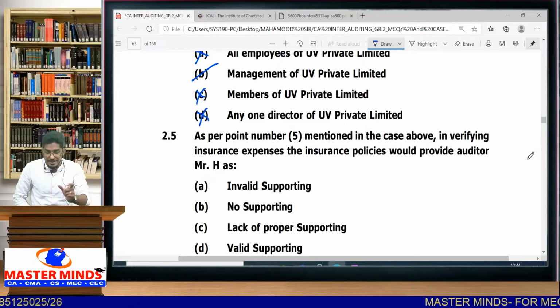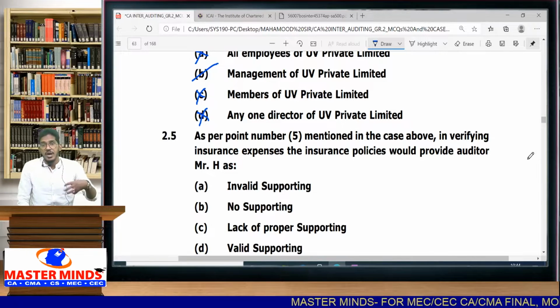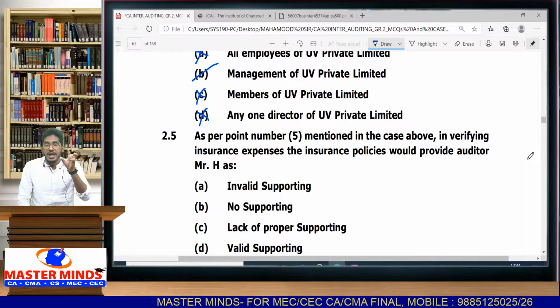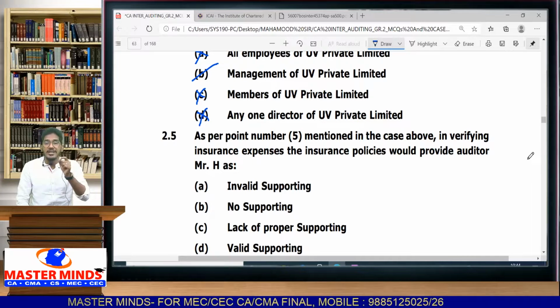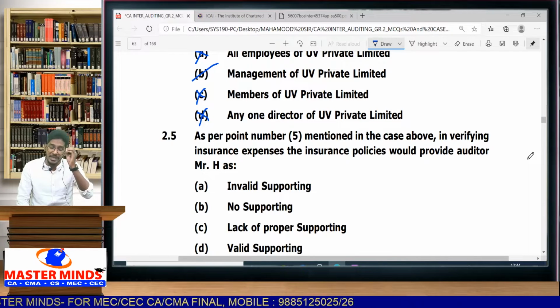Please understand the question here. If you have insurance policies while verifying insurance expenses, that would provide auditor with sufficient and appropriate audit evidence. That is what they are telling you here.